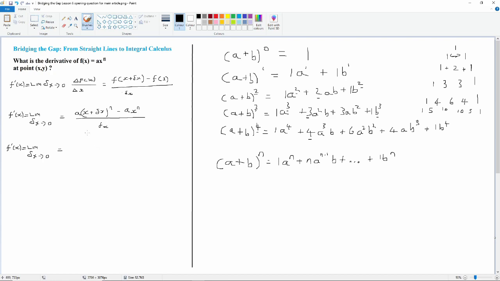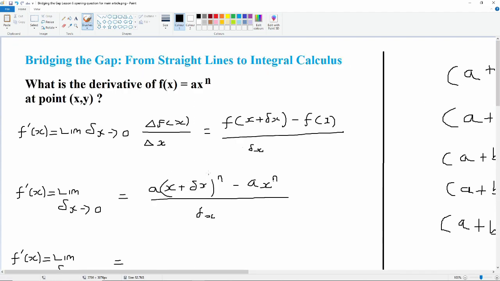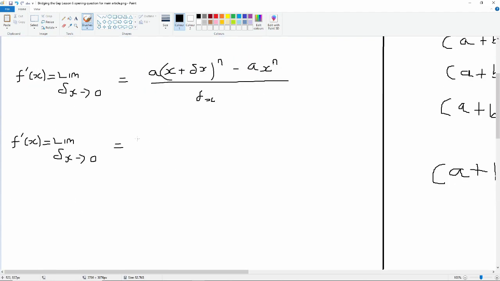Now again, I'm going to substitute, where I see a, I'm going to substitute x, and where I see b, I'm going to substitute delta x. I'm actually going to zoom in just a little bit to make it easier to write.